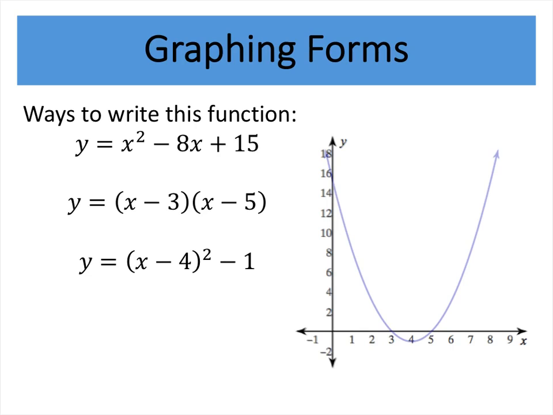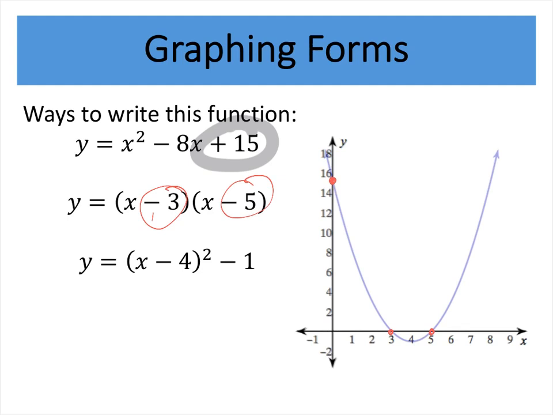Why do we need perfect squares? Well, when we have a perfect square, we can write an equation by looking at the x-intercept, the y-intercept, which in this case is at 15. The x-intercepts are really the opposites of these guys, so at 3 and at 5.